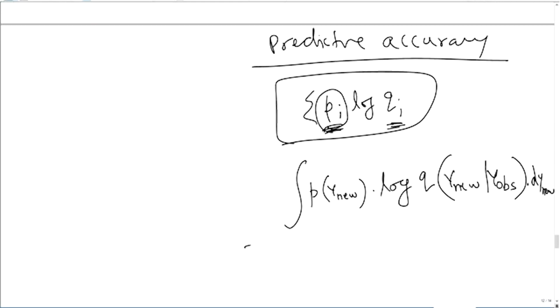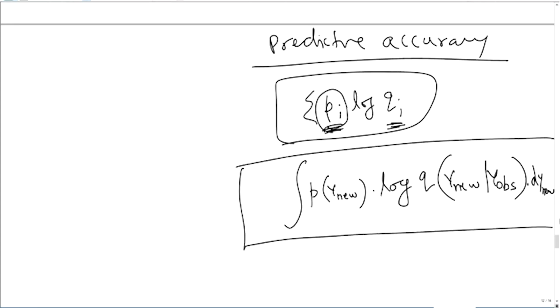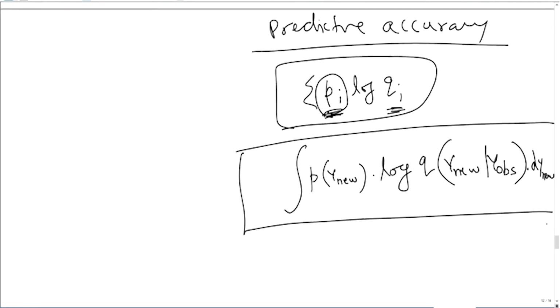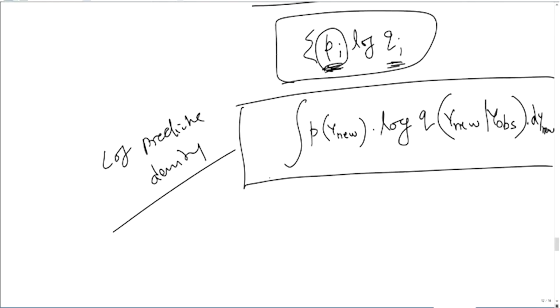This is actually a metric of predictive accuracy. You can call it log predictive density. There is a reason why we call it predictive density, which I will explain in a while.